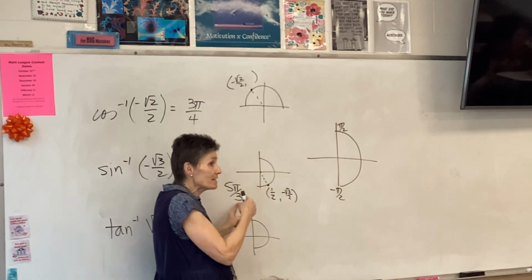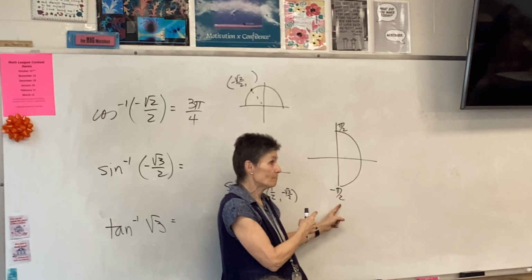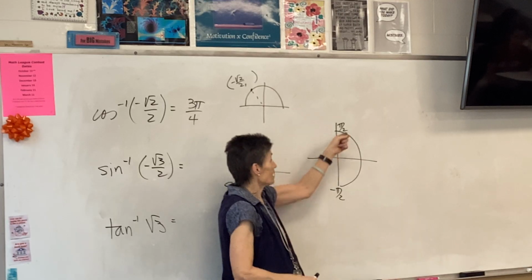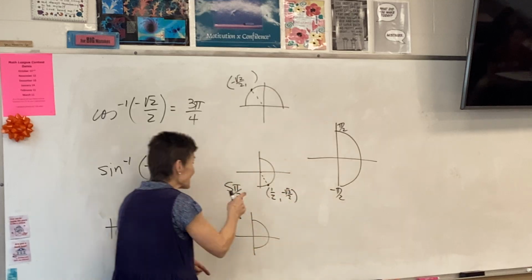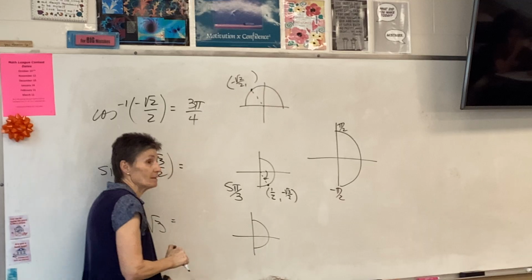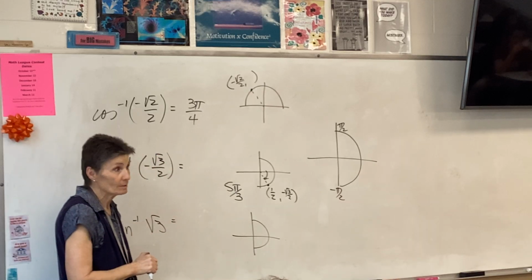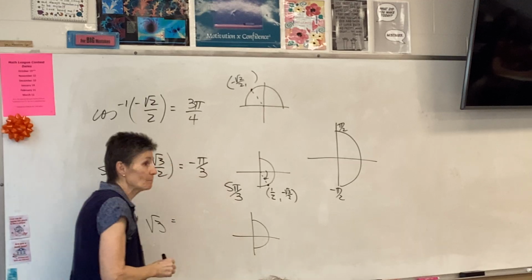But is that number, whatever decimal that is, between negative 1.57 and positive 1.57? No. So we can't name that angle this way. How do we have to name it? Negative pi over 3. The answer is negative pi over 3.